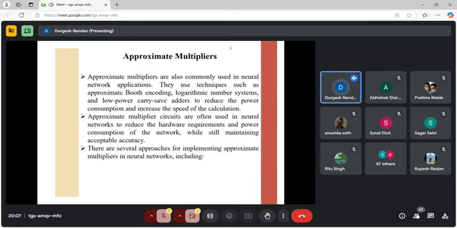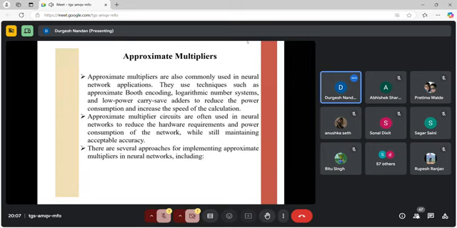From the name, it is very clear that it is an approach to multiplication which does not provide the exact result; it provides the approximate result. There are a few popular techniques like approximate Booth encoding, logarithmic number system, and low power carry adders.